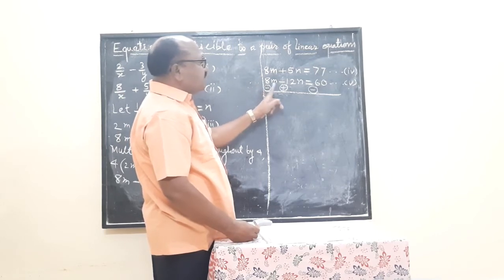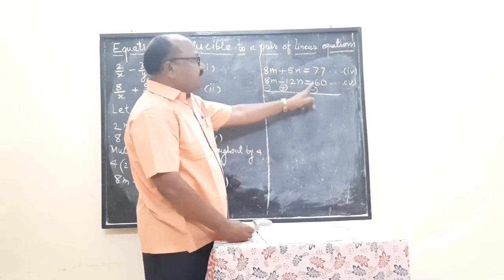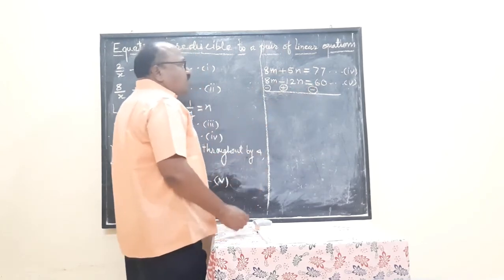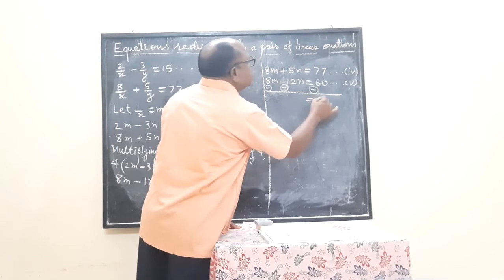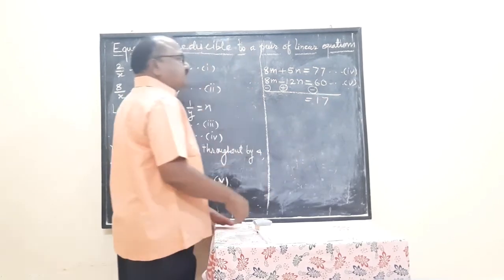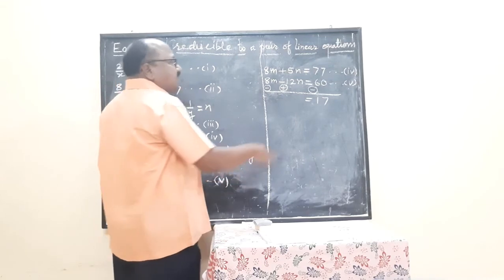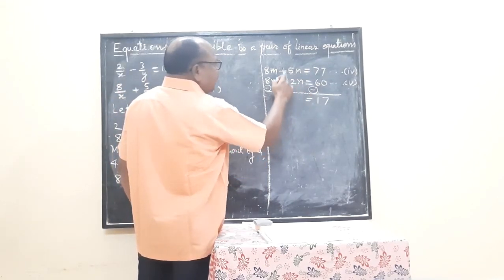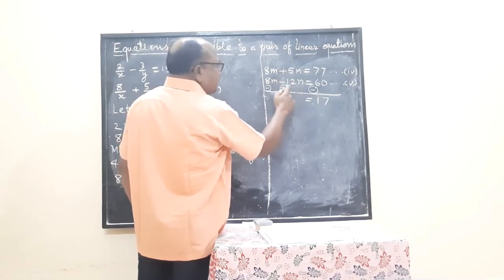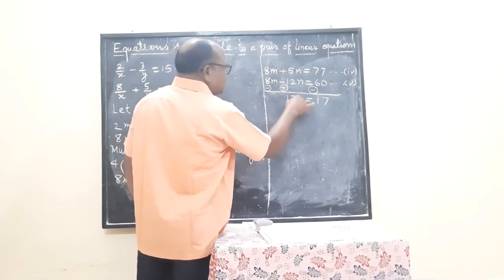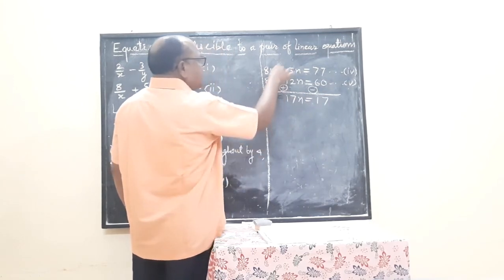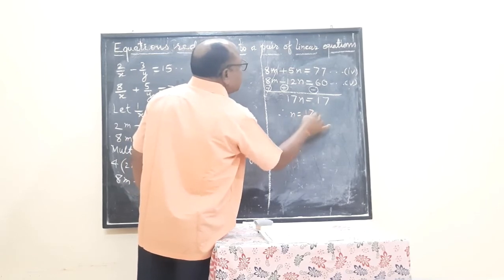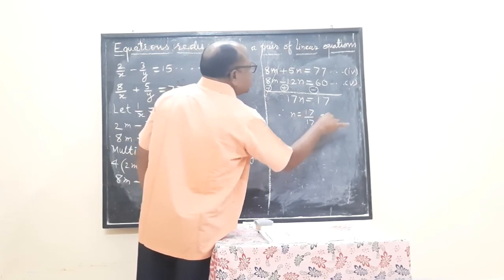Positive will become negative, negative will become positive. Now 77 minus 60, it is 17, because here sign negative is taken. 5n positive, 12n positive, so 17n, and the 8m terms will cancel with each other. Therefore n equal to 17 upon 17, that is equal to 1.